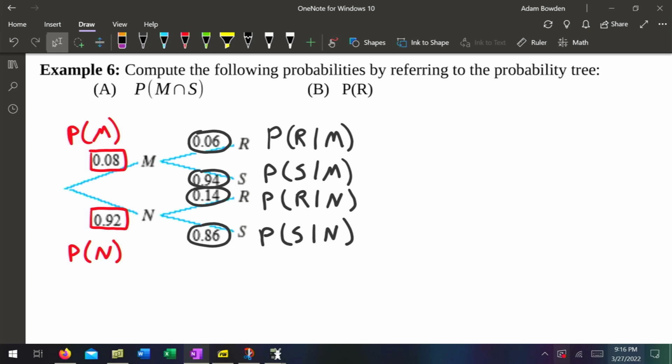So the tree shows a sequence of events with the probability of the first event, then following the probability comes next of the next event that could occur after the previous one has occurred.